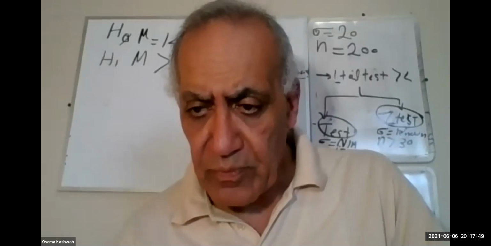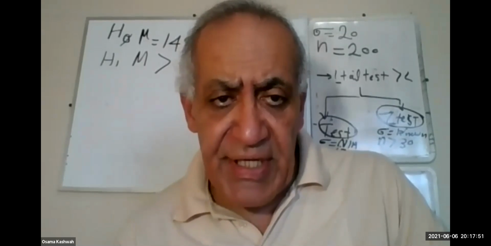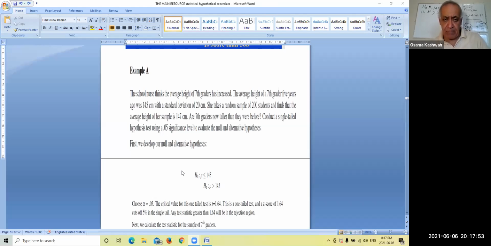Okay. Now let's go back to share the screen and complete the example. I know that the sample N is 200, and that I formulated the null hypothesis and the alternate hypothesis. The standard deviation of the population is 20.